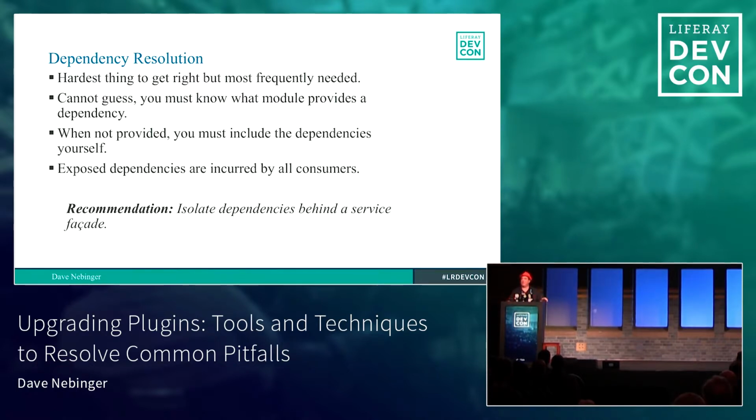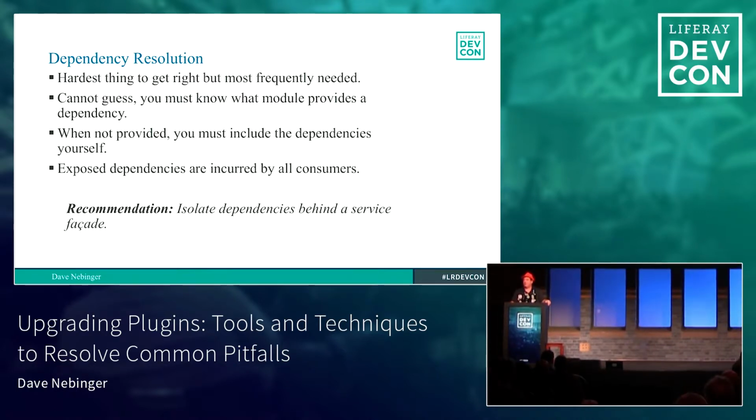The problem is we as developers are spoiled by Maven, by Gradle, by Ivy, because all we have to do is say, oh, I have a dependency on Spring transaction, and it's going to pull that in, but it's also going to look at the whole network of transitive dependencies and pull those in as well so that the compile can complete successfully.